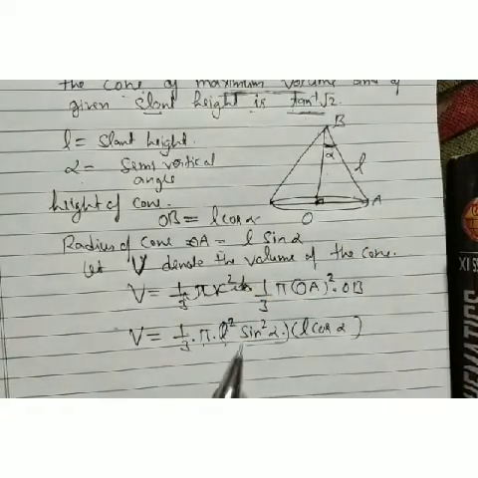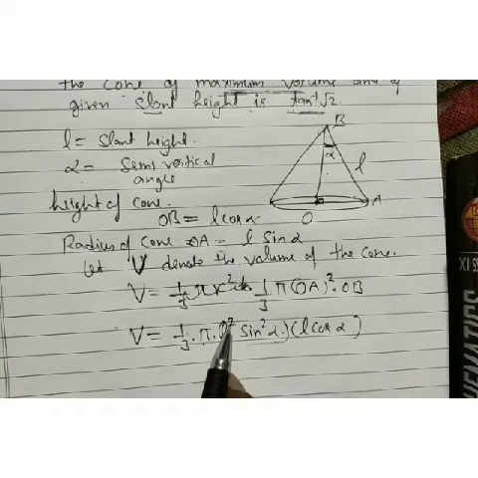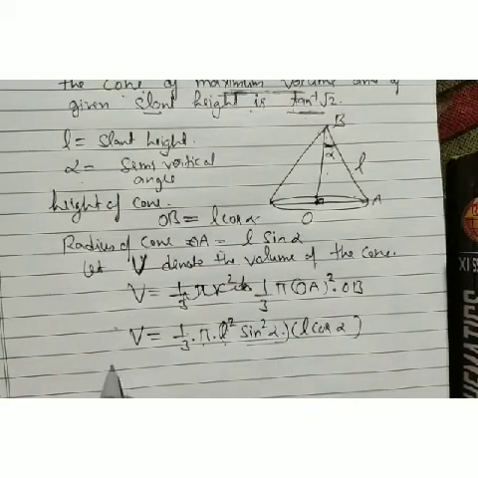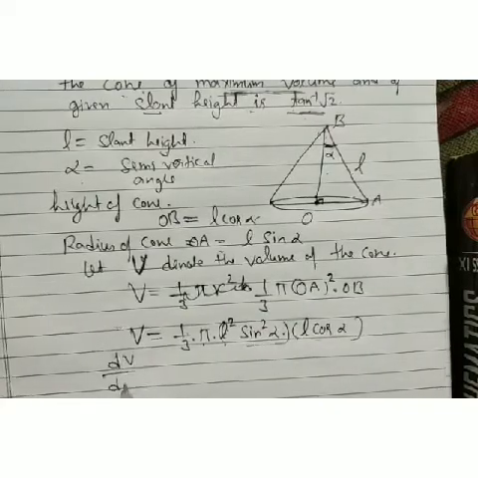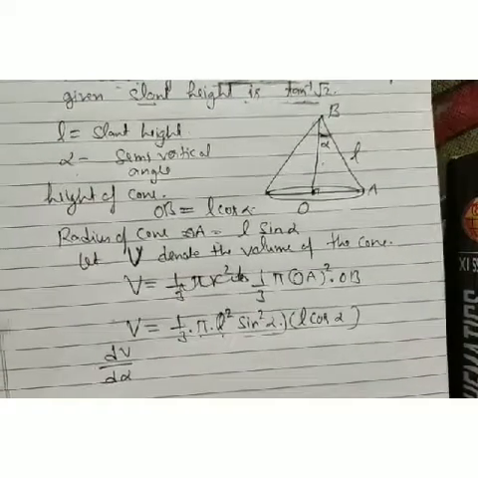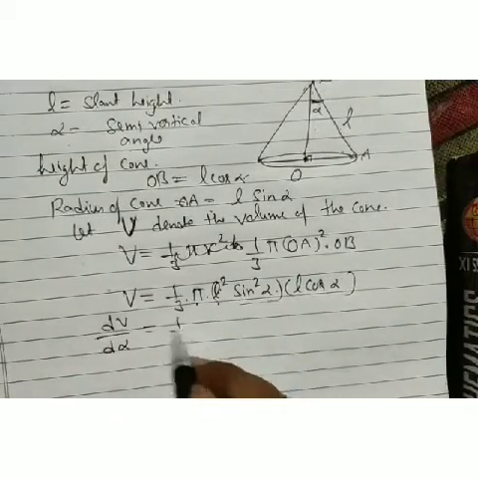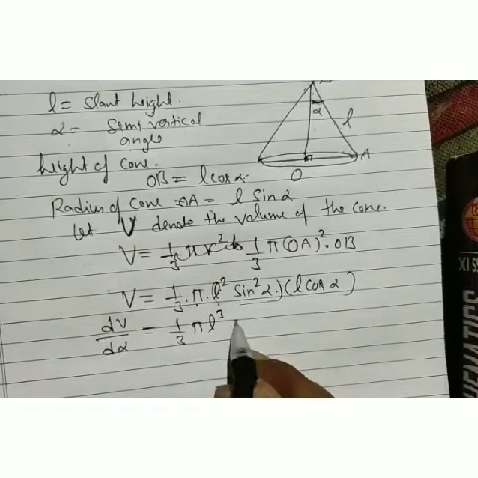Our 1 by 3 is constant, pi is constant and L cube is constant. Our variable is alpha, so we take the derivative with respect to alpha, d by d alpha of V. First of all, take 1 by 3 pi L cube as constant.